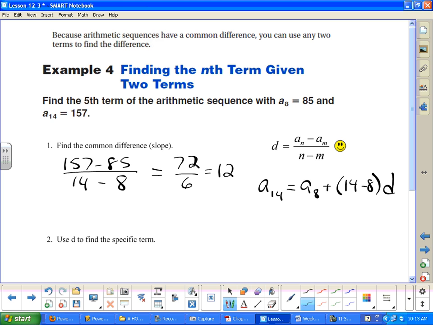Now, there's a couple different ways I can do this next part. So we want to think of this here, that basically what I'm doing is a sub n equals a sub m plus n minus m times d.